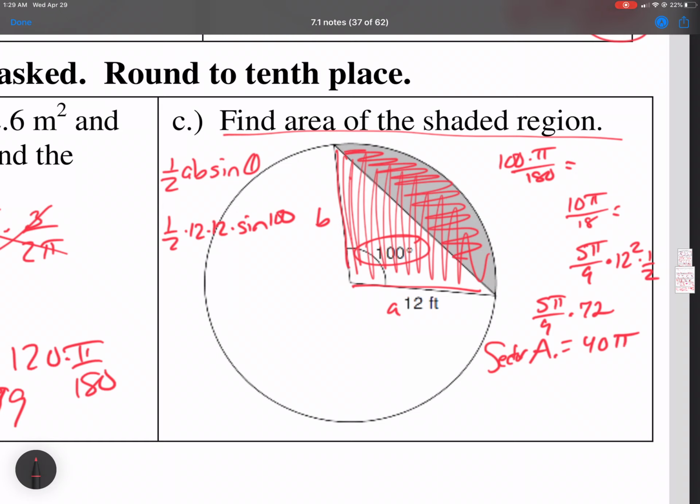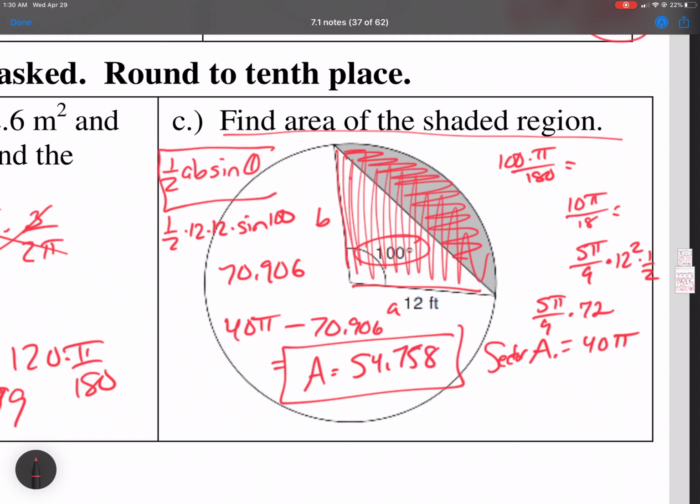And remember that if you're going to type sine of 100 in your calculator, make sure it's in degree mode. So that's 70.906. So I'm going to take 40 pi minus 70.906, and that's going to give me the area that I'm looking for, which is 54.758.